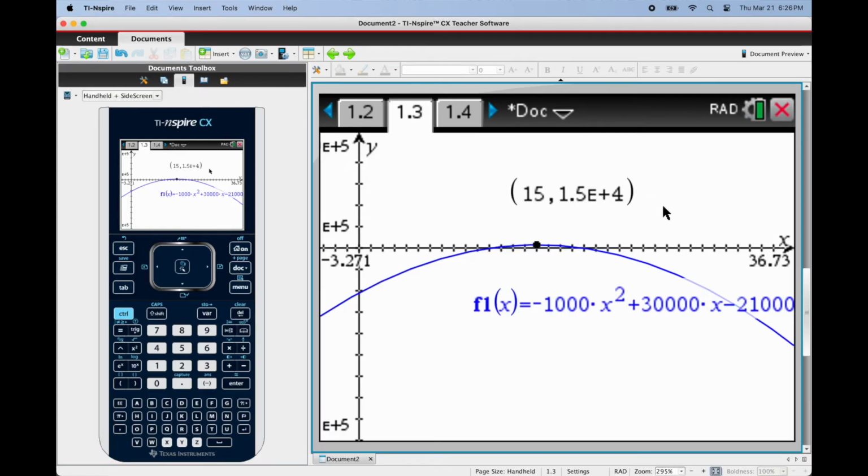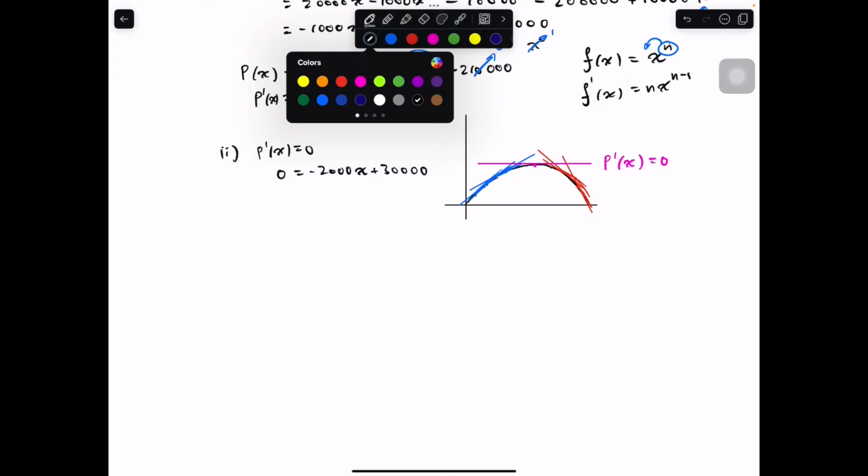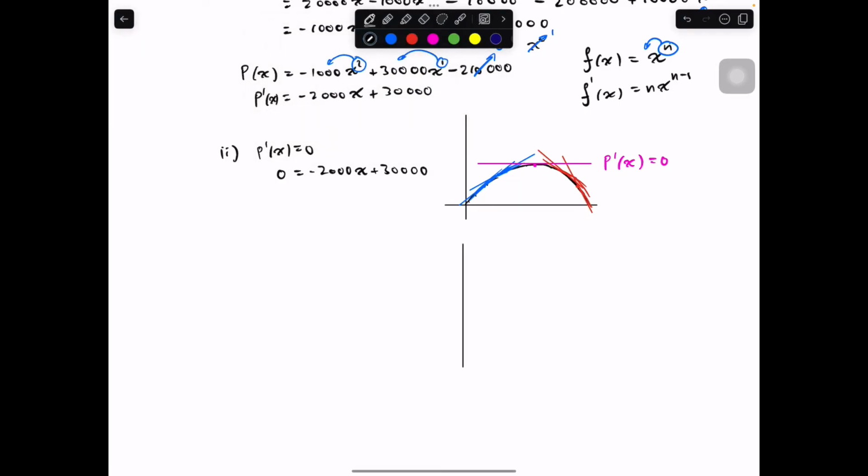So let's go back to the original document for a sec and find the maximum. So I'm going to put the graph underneath again. And this actually would count for process. They would want to see a sketch. And here's our function right here. Here's our maximum point.